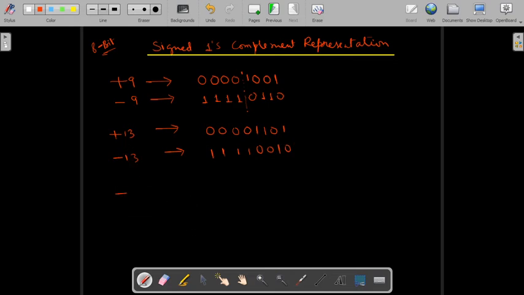And see here, if we want to represent plus 7, then plus 7 is 00000111, whereas minus 7 is to be represented like this: 11111000.